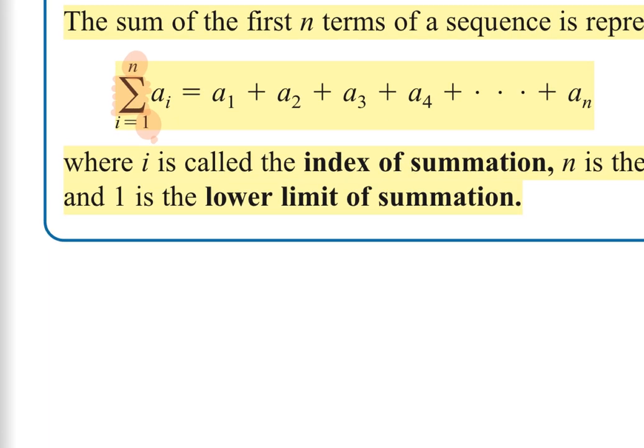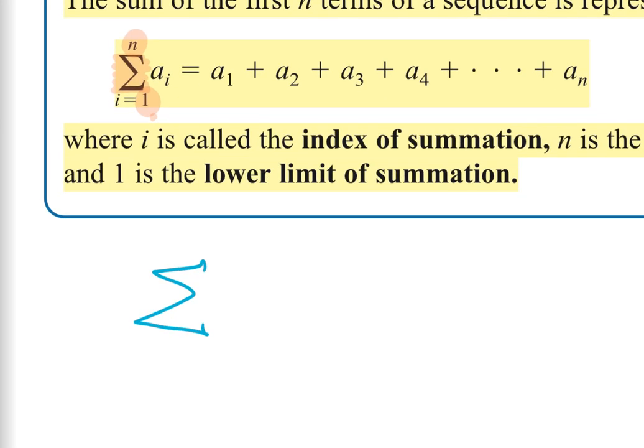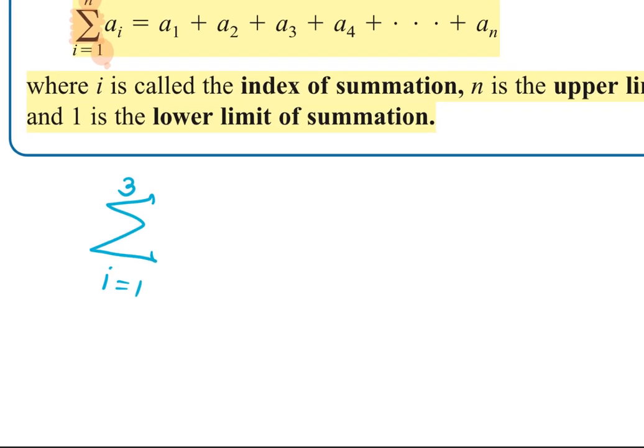So if I had the sigma and the bottom said i equals 1, it could say i equals 1, n equals 1, k equals 1. The variable doesn't matter. And then the top says 3. That means I'm going to find A1, A2, A3, and then whatever I get from them, I'm going to add at the end.